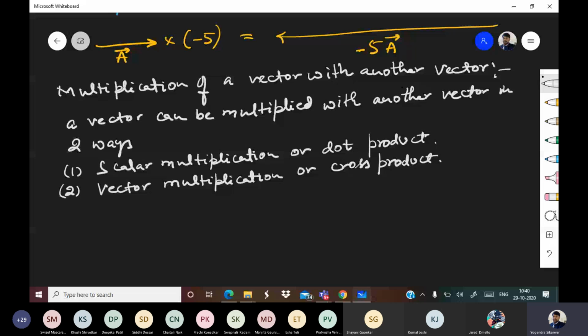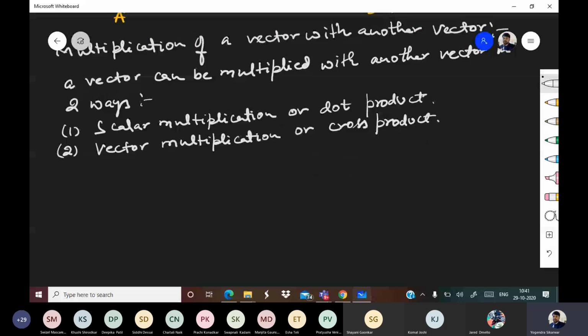So what is scalar multiplication or dot product? Pay attention.